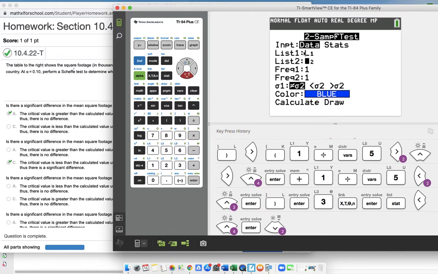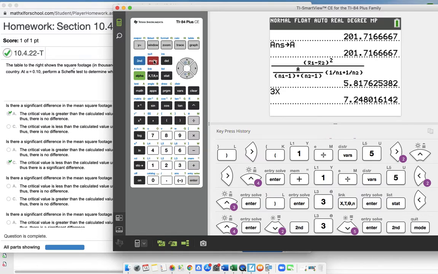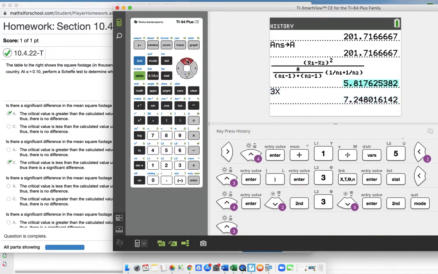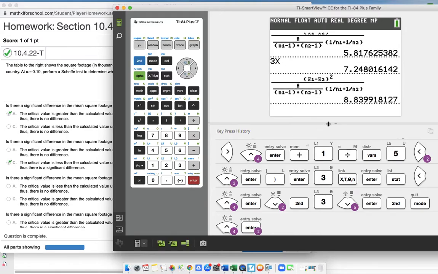So I'm going to use L1 and L3. Go down here, hit calculate. All right, quit out of that, because that stored all my values. Again, now I'm going to go up and grab this. I don't have to change a thing. Just hit enter. All of this will be exactly the same. Hit enter. There we go.